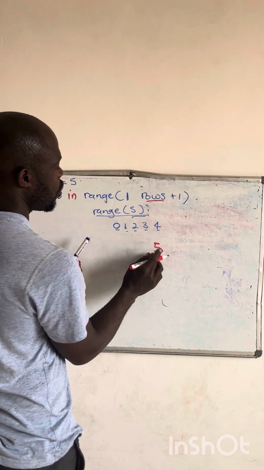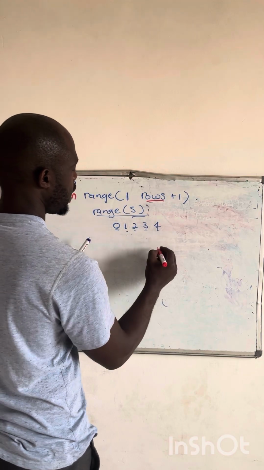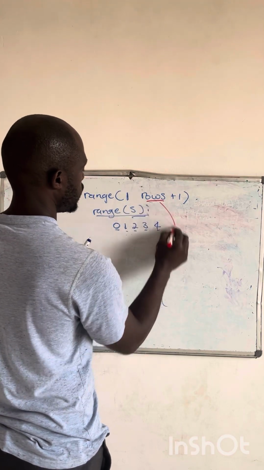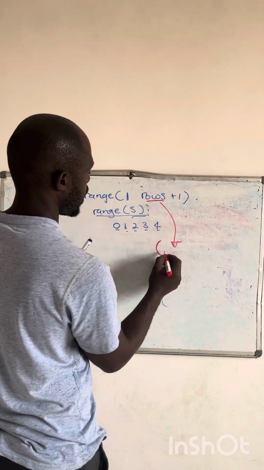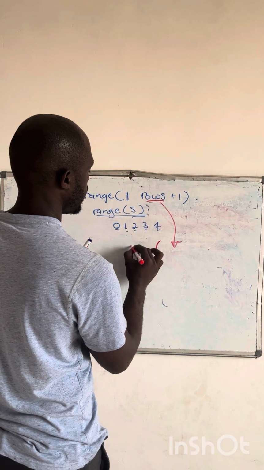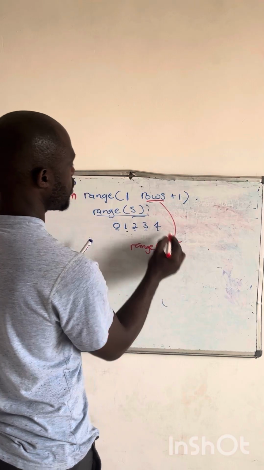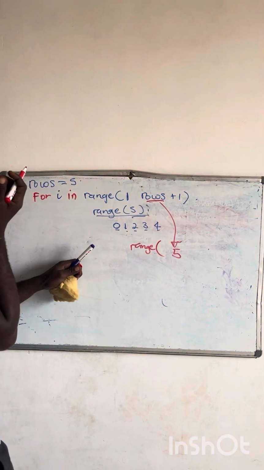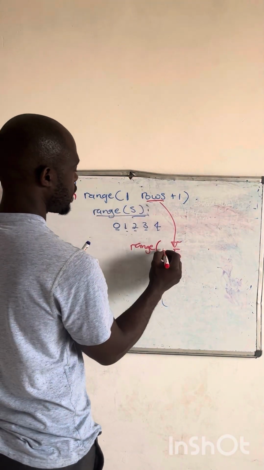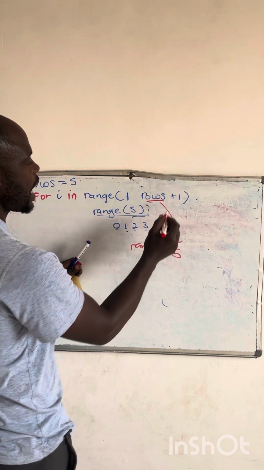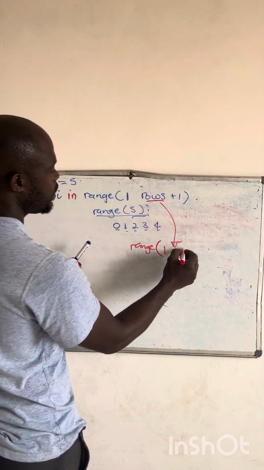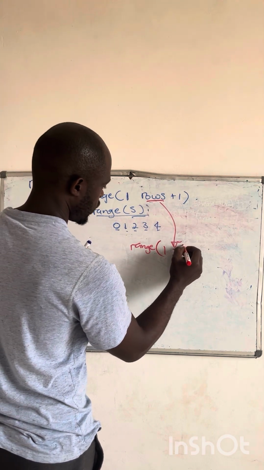So this one here implies range of 5, because here rows are equal to 5, and this will be the start value.